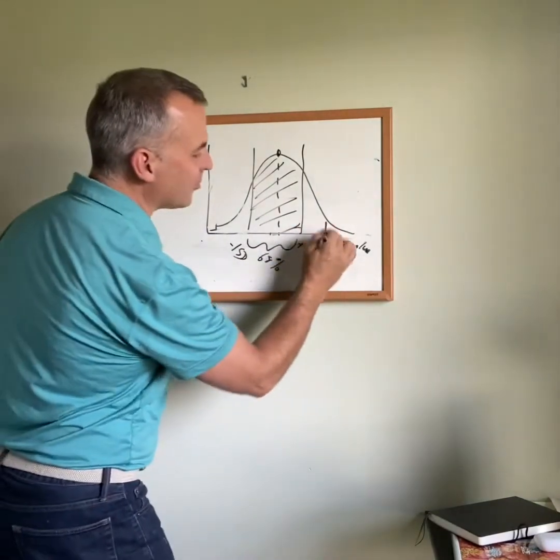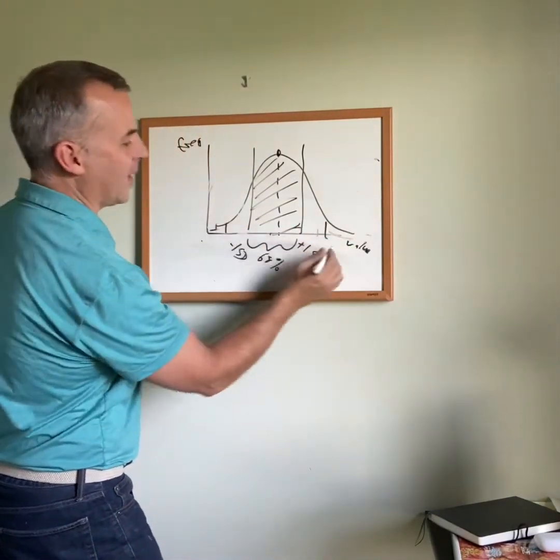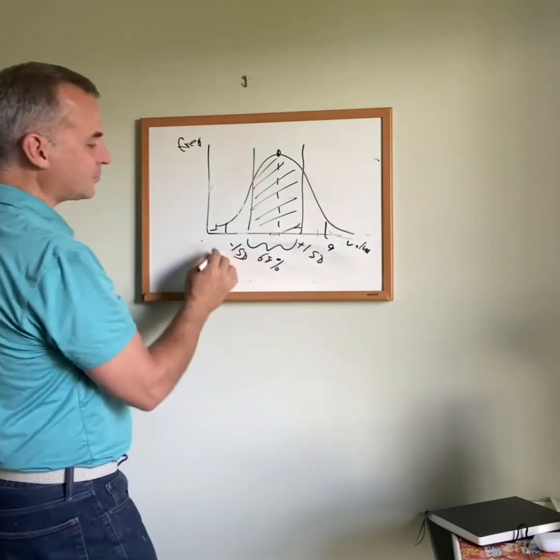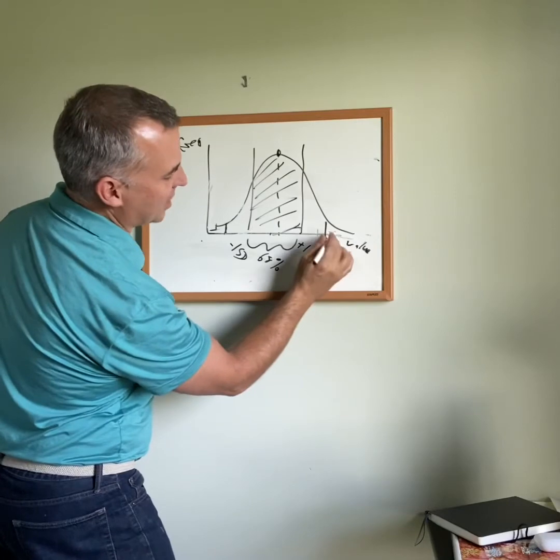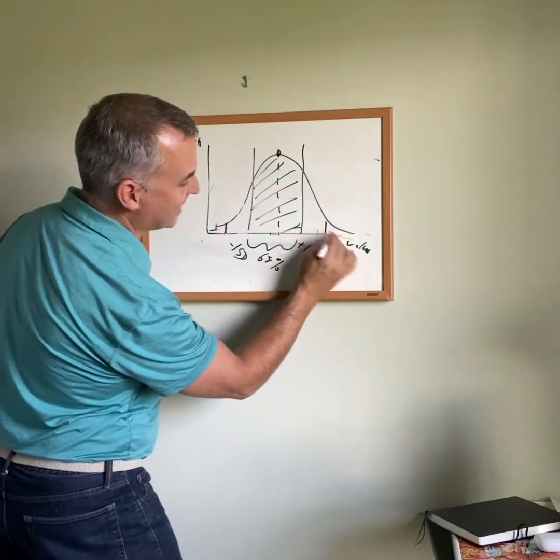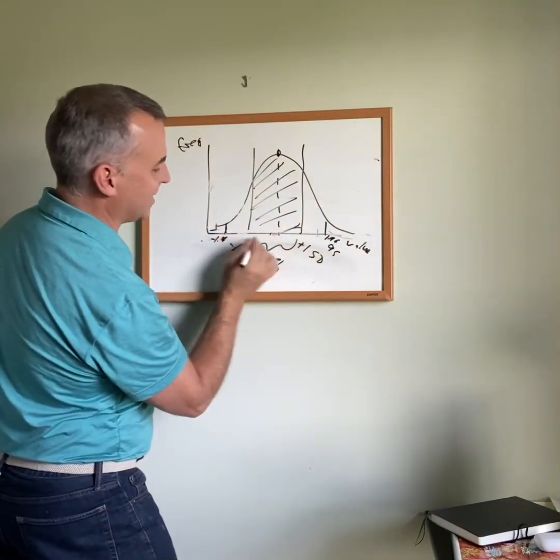I can go out further to 2 standard deviations, and it's not quite 2. It's actually 1.96 and negative 1.96.